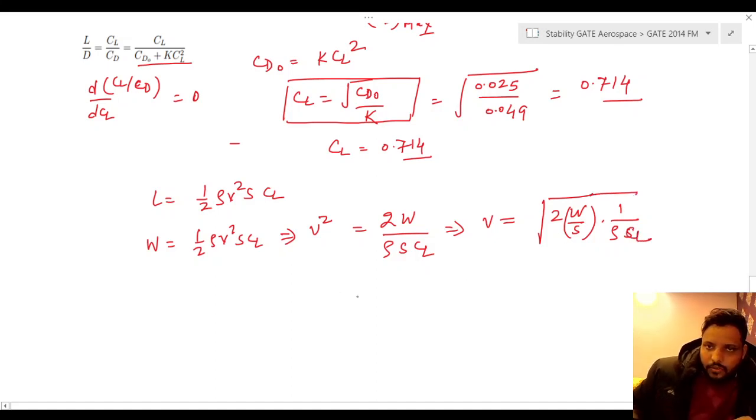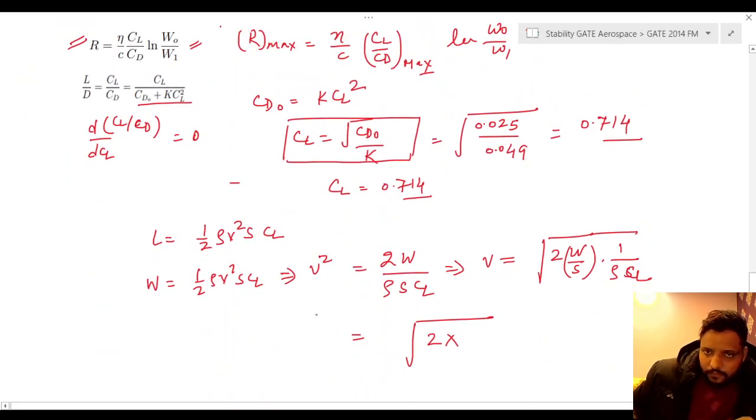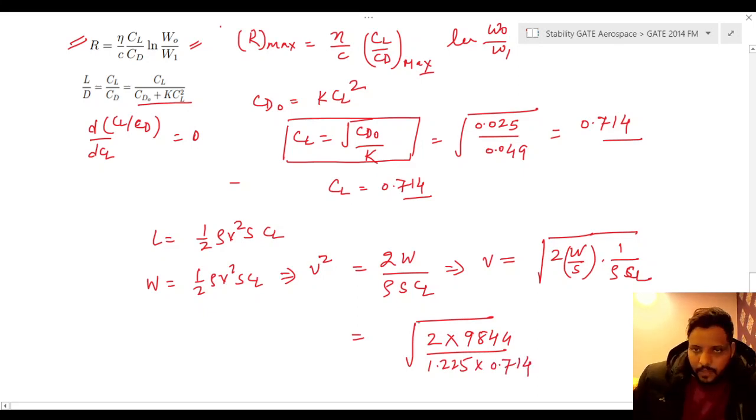Okay, so 2 into wing loading, which is given as 9844, divided by density into lift coefficient.